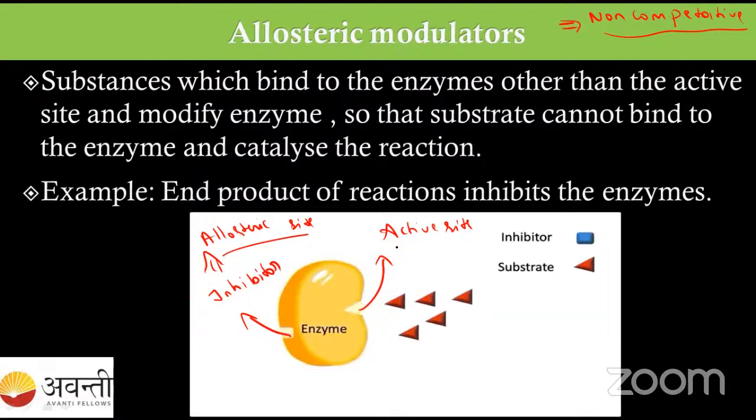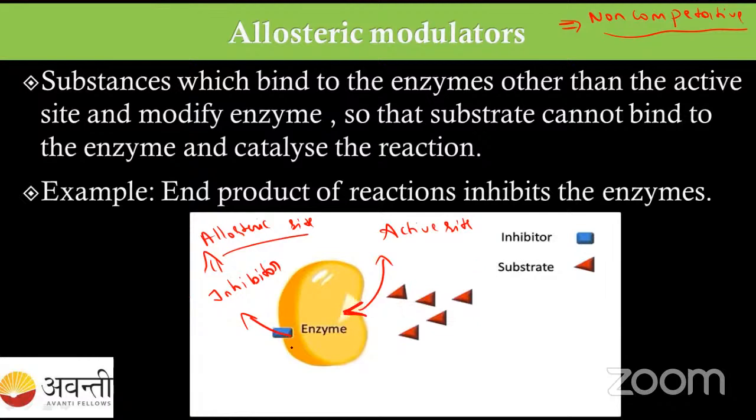Then what's happening in the inhibition now? See here, students, carefully. Carefully see this diagram, this animation. Before binding of the inhibitor, see what happens. The structure is like this V structure, right? The substrate can come and bind to this active site.